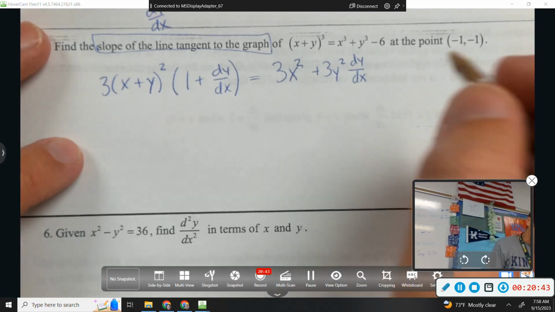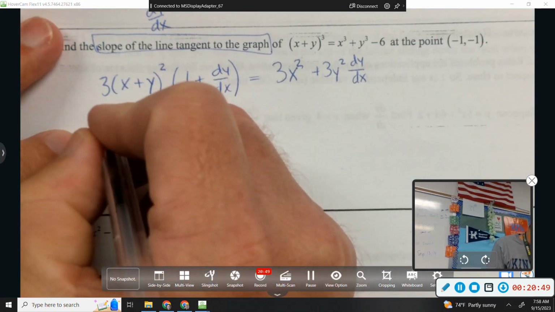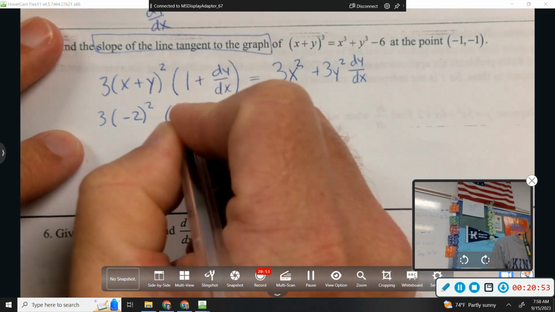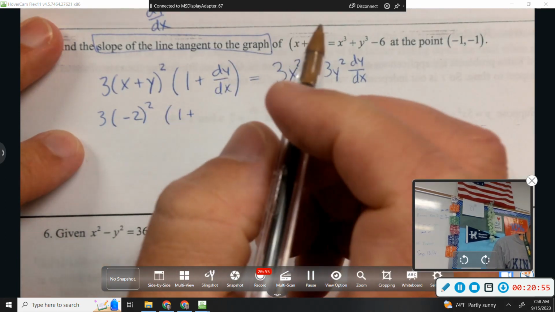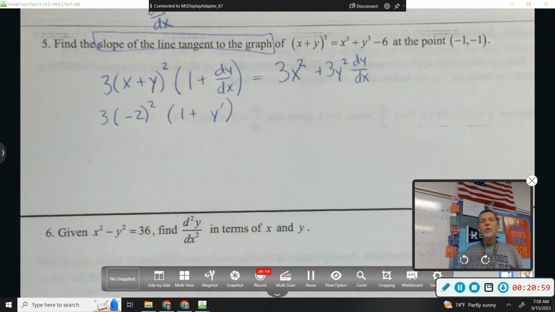So again, you can do algebra first or you can plug in first. Either way, you're going to have to do both. So 3 times -1 squared is 1, plus 3 times -1 squared is 1. Now, if you want to switch to y prime, that's okay because we've only got one derivative. They're all dy dx's. It's clear now. So if you want to take the easier notation, that's okay.